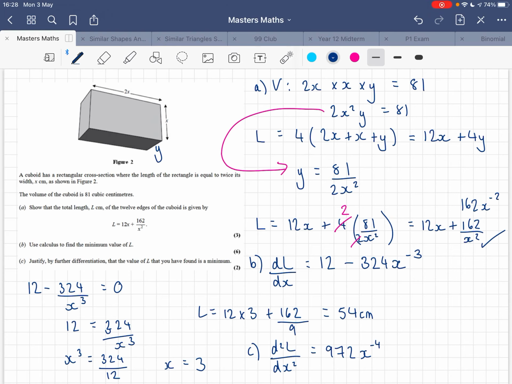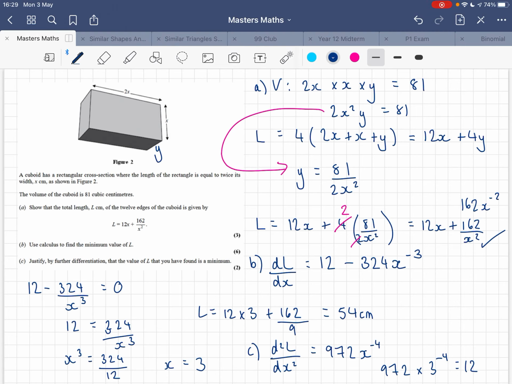So, 972 times 3 to the power of -4 is 12, which is a positive value, which means that we have indeed found a minimum.